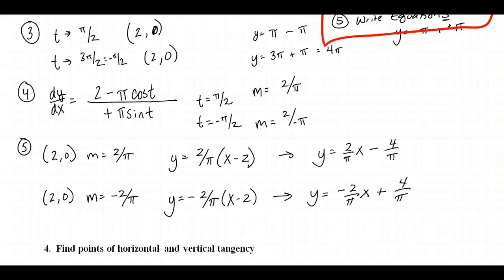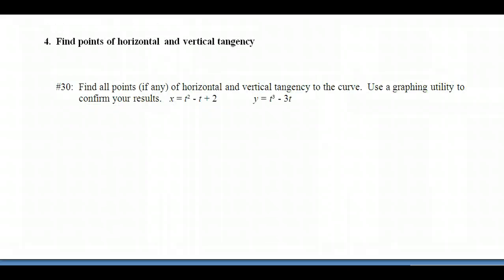A couple easy things left here with the derivative. If you have to find points where you have a horizontal and a vertical tangent, well, if you have a horizontal tangent, we know that means that our slope has to equal 0. Well, if our slope has to equal 0, that means that in your derivative, the numerator of your fraction has to equal 0.